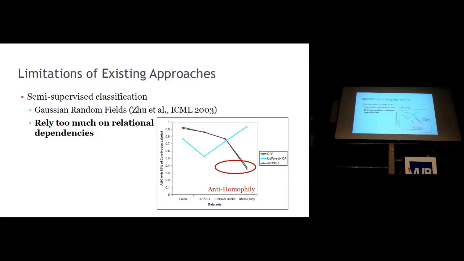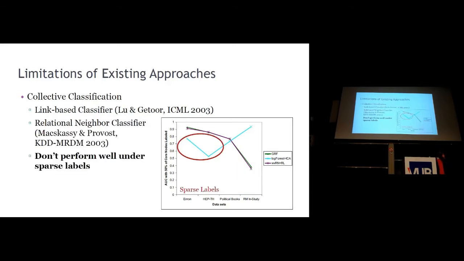The green and the purple lines are semi-supervised learning approaches, and they don't do very well where you don't have a lot of relational dependency, this idea of anti-homophily. They really rely on like being attracted to like. And the collective classification approaches have the problem that if you don't have enough labels, then they're not going to do very well.